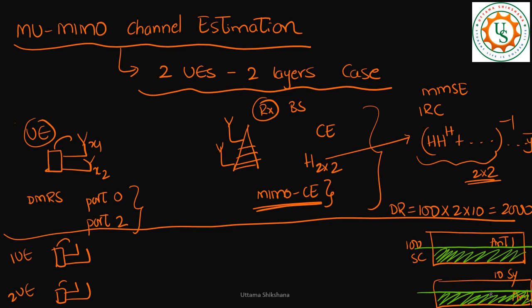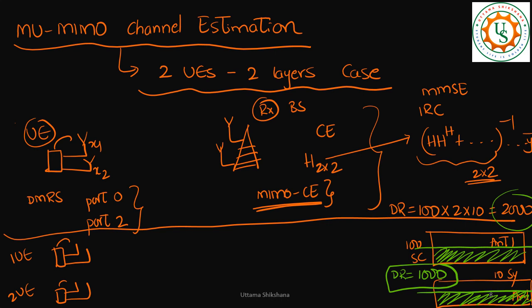Okay, so across each UV, what would be the data rate? The data rate will be half of what we have seen here, so it will be 1000 bits per second across each UV. So we could not actually see more data rate, because we have divided the resources.